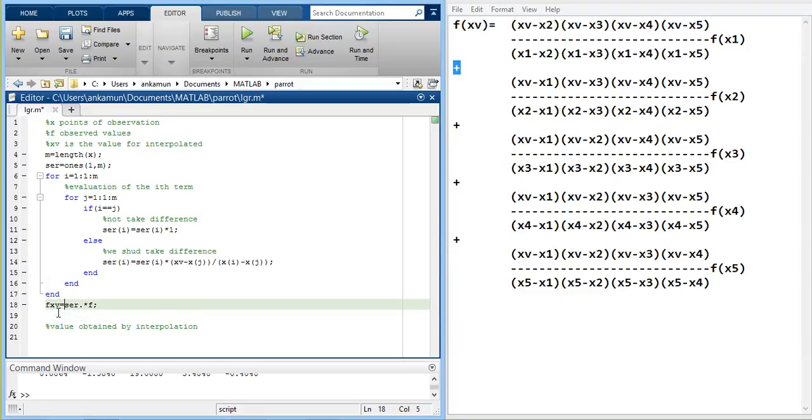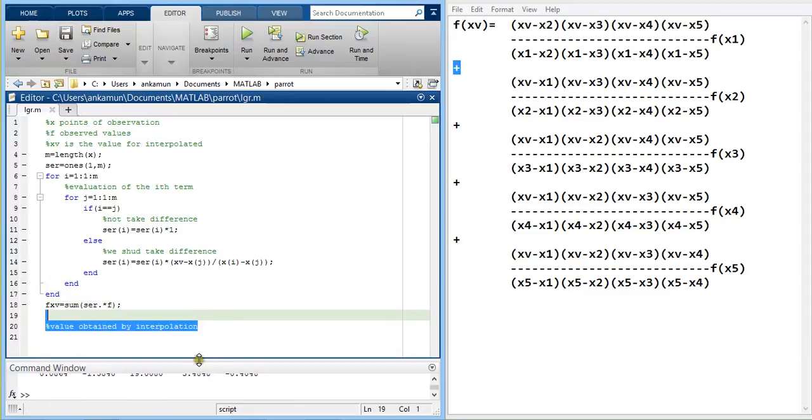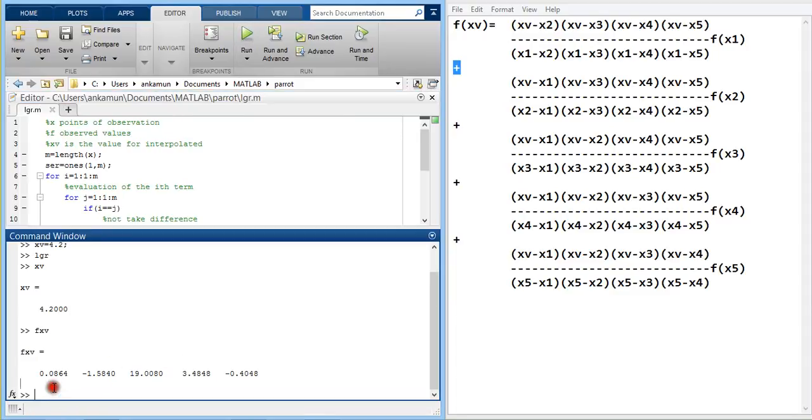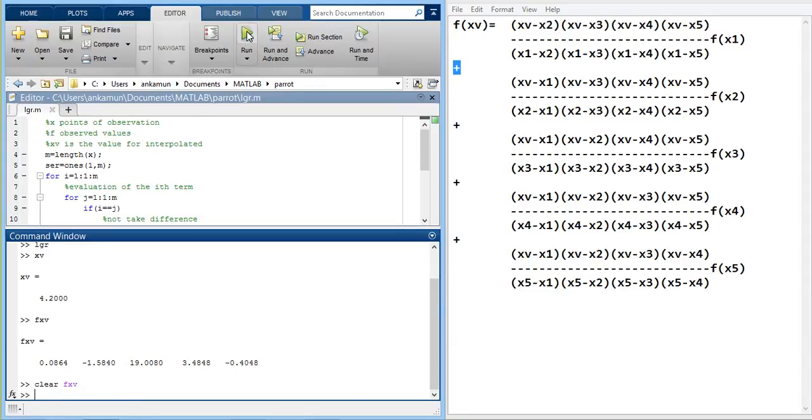So I will include it in this very line. I will save it and then run it again. Okay, I will clear my fxv from the workspace. I will run it again.